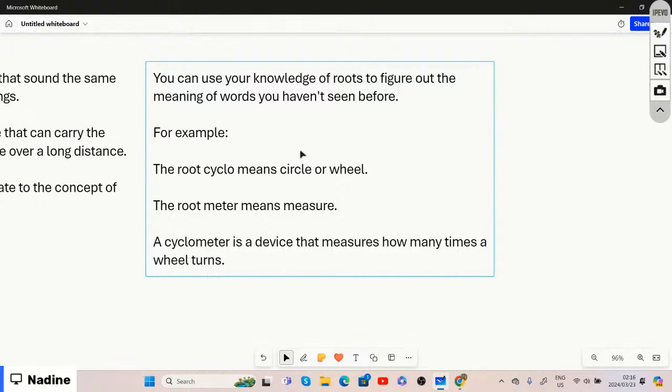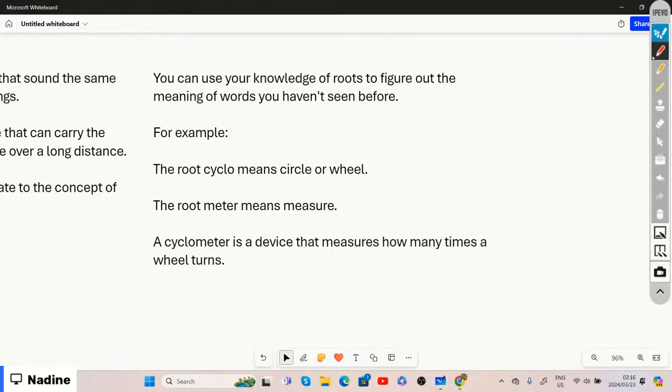For example, the root word cyclo. The root word cyclo means either circle or wheel.